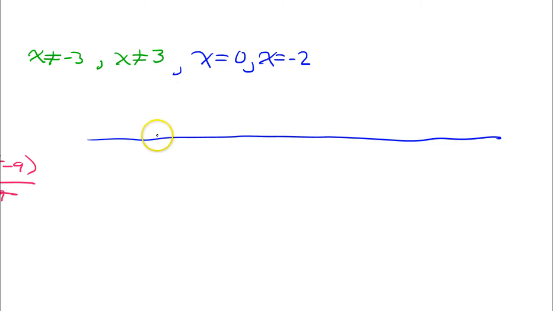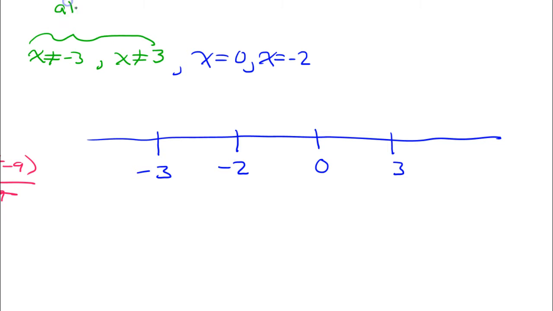So let's see, I have negative 3, and I have negative 2, and I have 0, and I have positive 3. Now, the excluded values are always open circles. Okay? Always open.